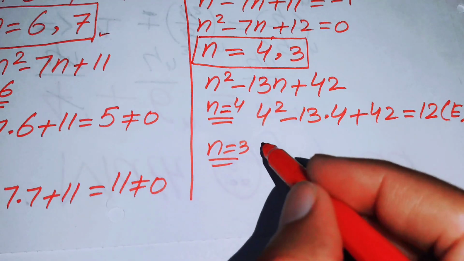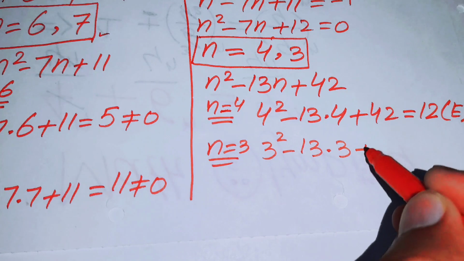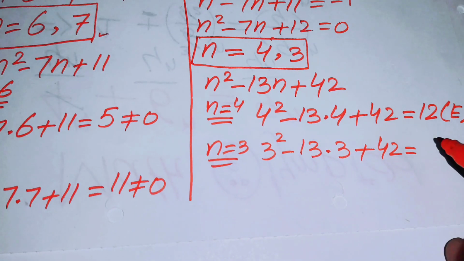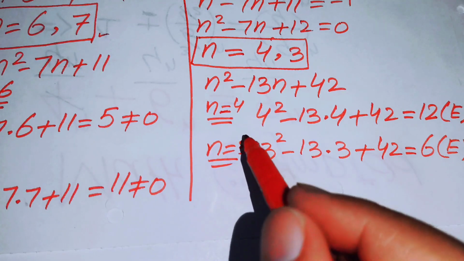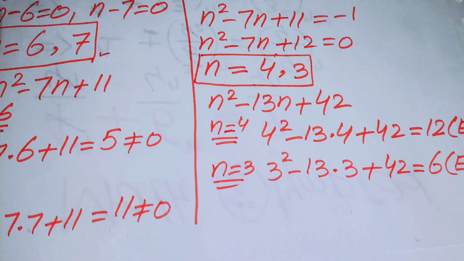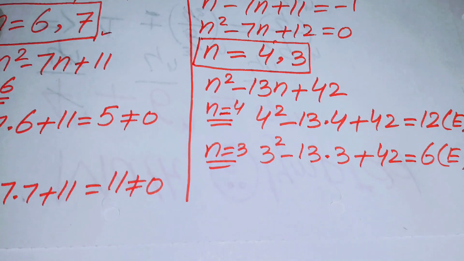You get 3 square minus 13 times 3 plus 42, and when you solve this you get 6, which is also an even number, so n is equal to 3 also satisfies the given question.